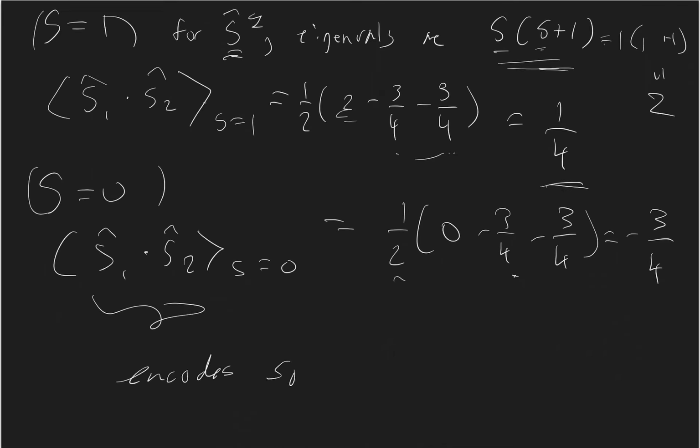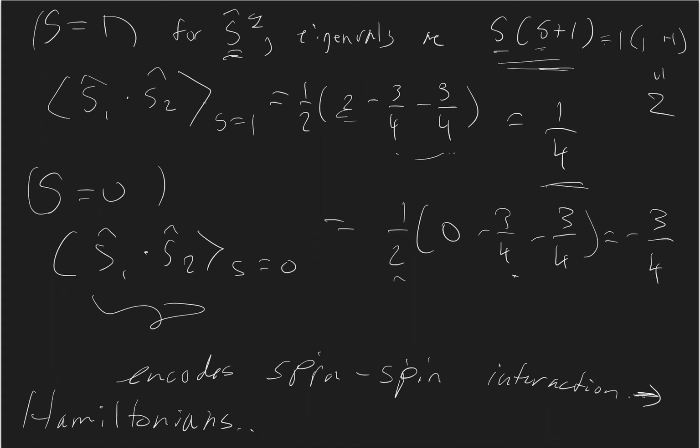So basically, this operator here is a key component of spin-spin interaction. This encodes spin interaction, and it gives us the spin-spin interactions for the Hamiltonians, such as in the case of hyperfine splitting in the hydrogen atom.